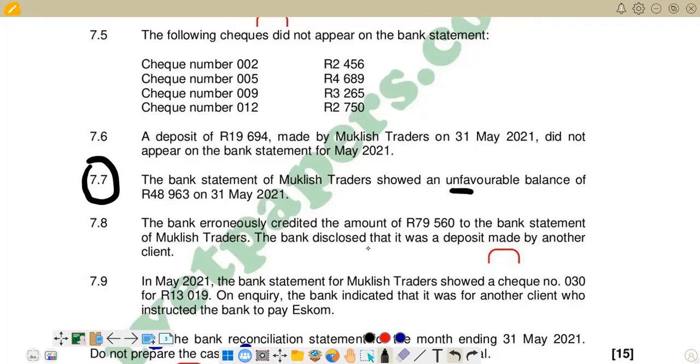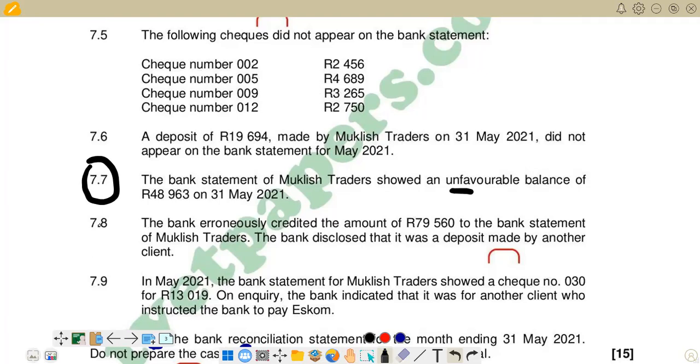So it means that if it's unfavorable, remember, in a bank statement, a favorable balance will be on the credit side of the bank statement. And when we are now in the ledger, in our bank account, in the ledger or the cash book, we are going to have an unfavorable balance on the credit side.